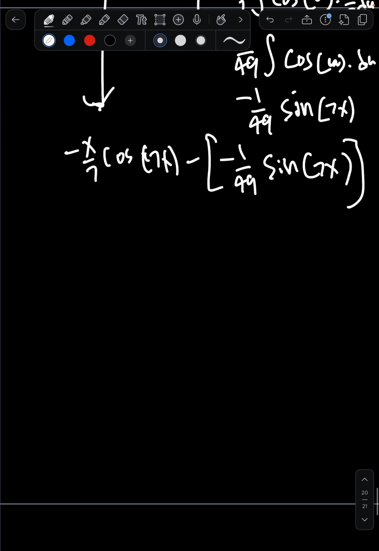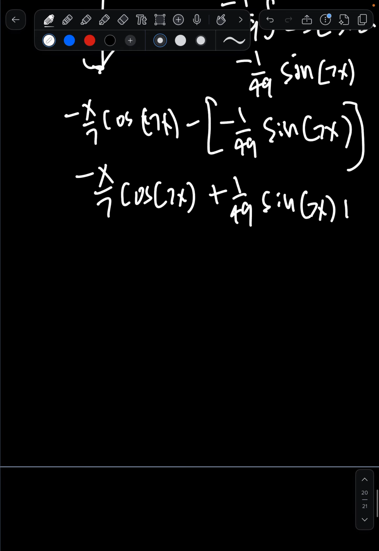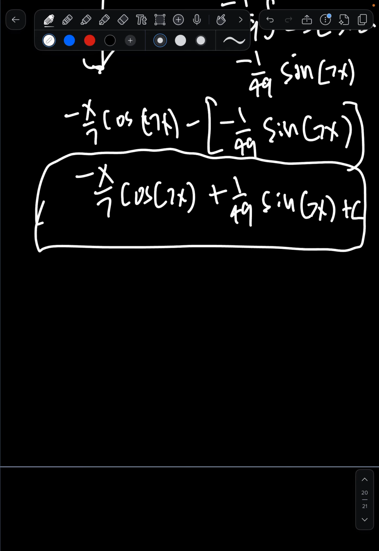So in order to simplify this, we keep what's on the left because there's nothing else to simplify, but we can distribute this negative in to give us a positive 1 over 49 sine 7x. Now do not forget plus C, because this integral is not defined, it doesn't have bounds, so we must add the constant of integration. This is the final answer.